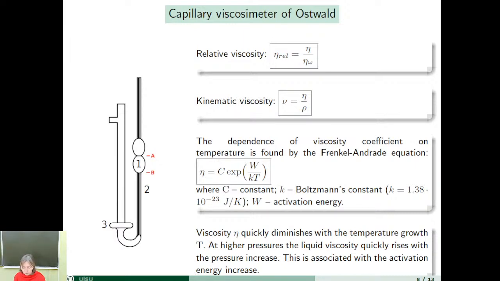With the help of the capillary viscosimeter of Ostwald, look at the picture, it's possible to measure viscosity of gases and liquids in the U-shaped tube, one of whose knees has a capillary tube. Pour the researched liquid with the help of a rubber pear, here a rubber pear.